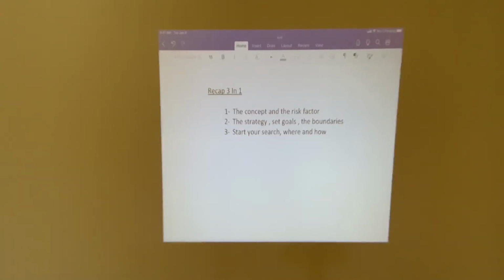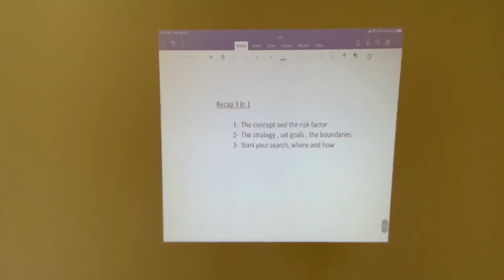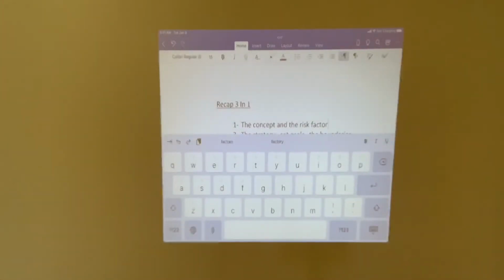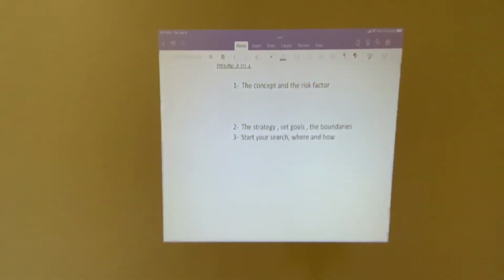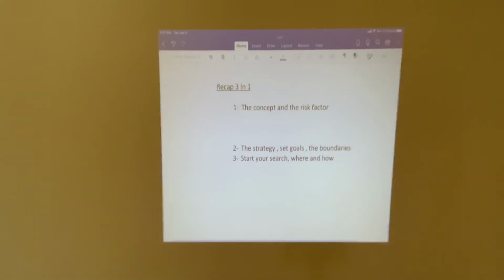Okay, so in the first video we talked about the concept and the risk factors. In order for you to start stock trading, you have to understand what is the most important factor in this stock trading process.